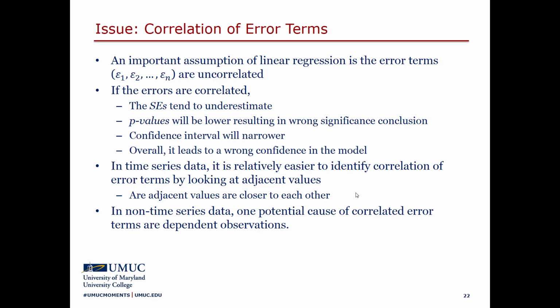Overall, it will lead to wrong confidence in the model because you underestimate the standard errors and the confidence intervals. So a very important assumption in regression is that the error terms should be independent.